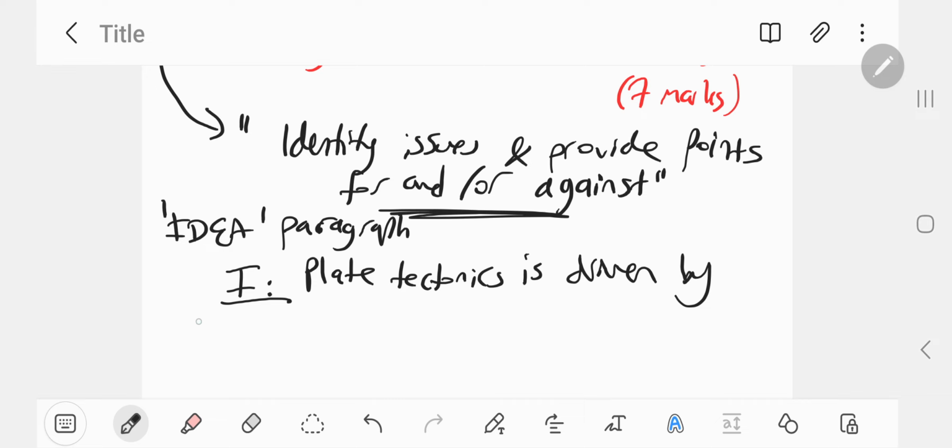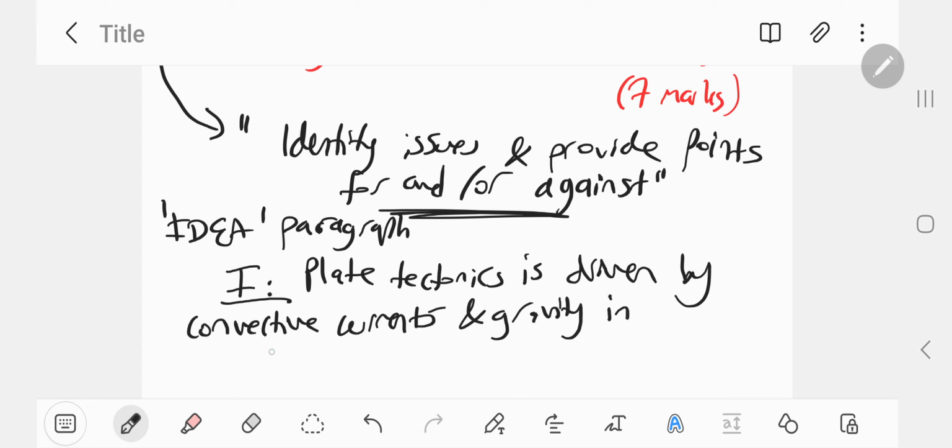by convective currents and gravity due to Earth's mantle.